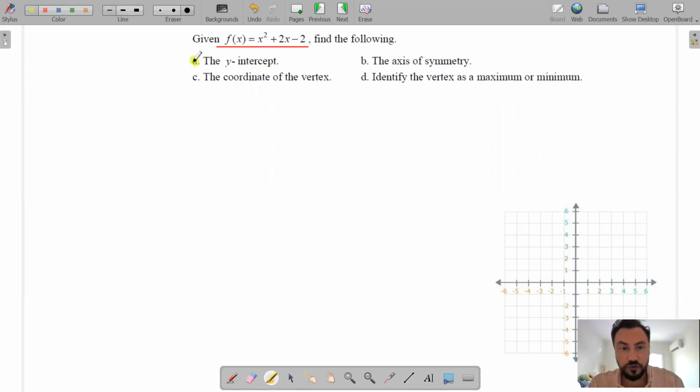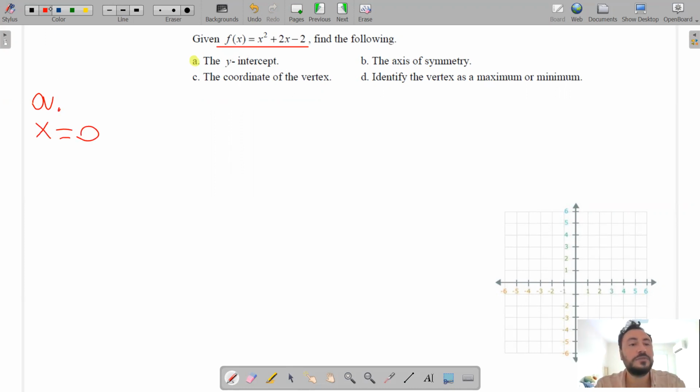Whenever we want to find the y-intercept of something, we need to plug in the x value. Since we are looking for the y-intercept, meaning the point that is on the y-axis line, my x, for A, will be equal to 0.